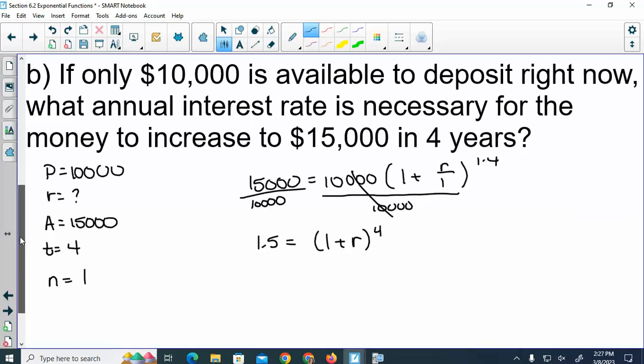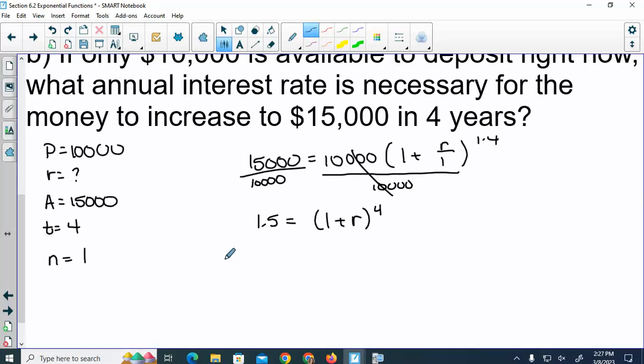How would I solve this? We don't have to worry about plus and minus because we're not going to have a negative rate. And then we'll have to subtract our 1 over. So I'm just going to put all this in at once: 4th root of 1.5 minus 1.